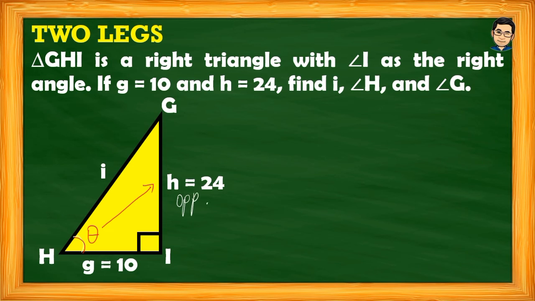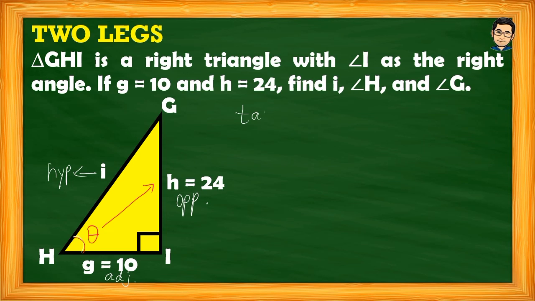And then ito naman ang ating adjacent side, yung ating G. And then I is our hypotenuse. Now, using opposite and adjacent side na yan, yung mga measure ng two legs, so gagamitin natin yung tangent. So, kasi TOA. Okay, so O over A.